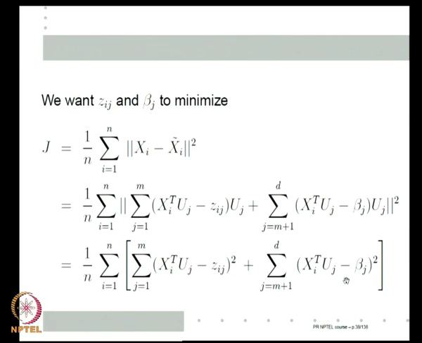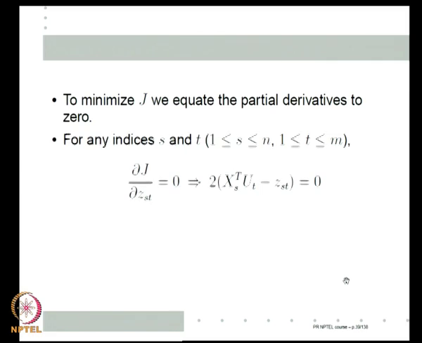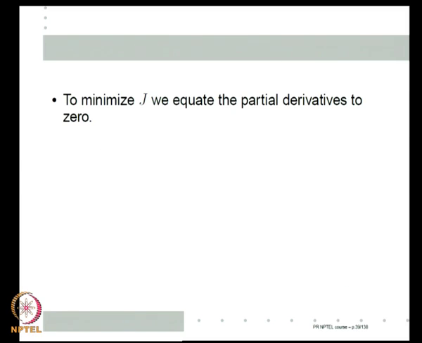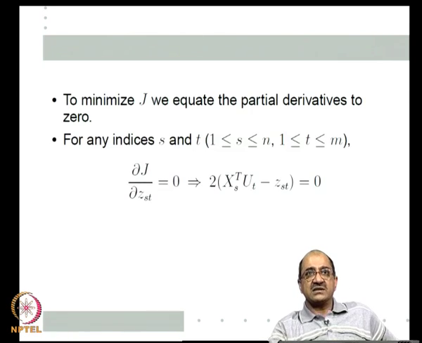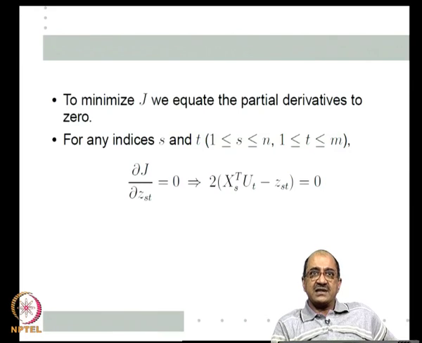Okay. So, how do I find them? We first have to take partial derivatives of J and equate them to 0. So, I will essentially find zij and beta j. First, let us look at the derivative with respect to zij.